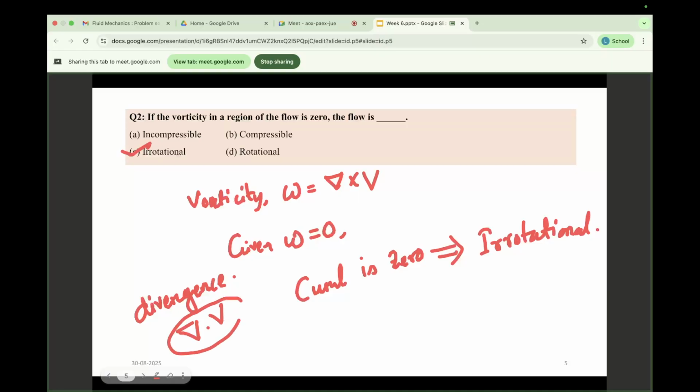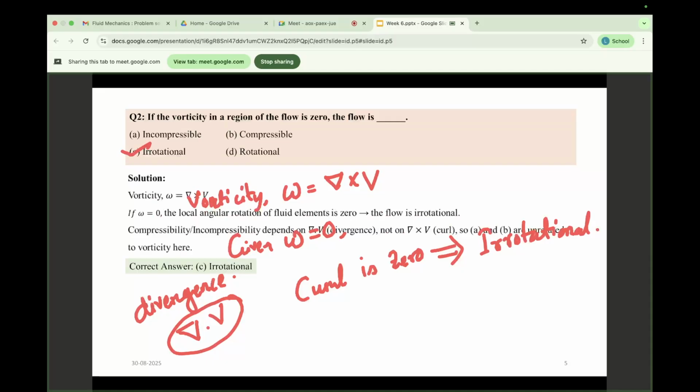If del dot v is 0, then we can check whether this condition is fulfilled or not, but in this question nothing is given about this. So these two terms are not related to vorticity, and the correct option is irrotational.